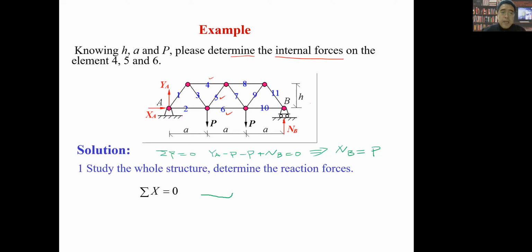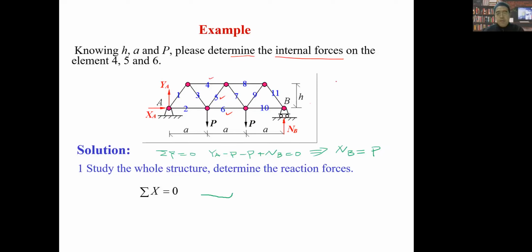Because A is a fixed support, it will have two reactions, XA and YA here, right? And this point B is another roller support. It only has NB along the Y direction. So before we use a different method to determine the internal forces on elements 4, 5, and 6, we should figure out the values of XA, YA, and NB, right?